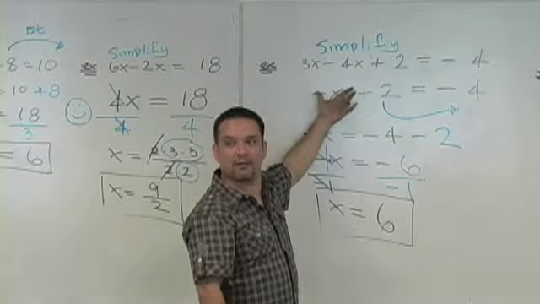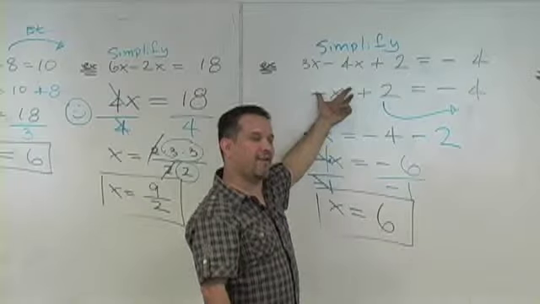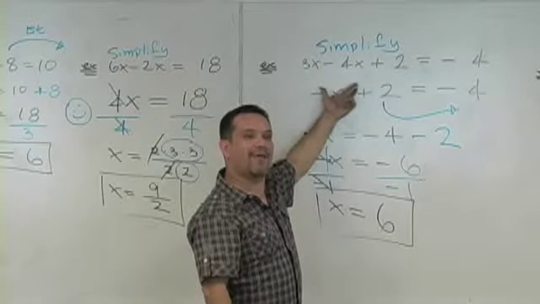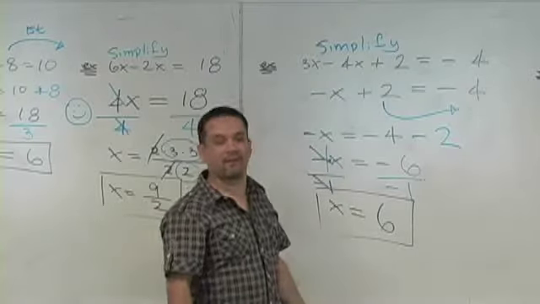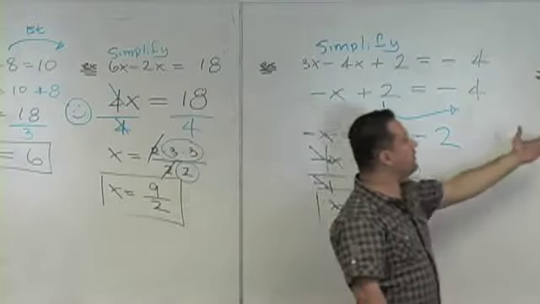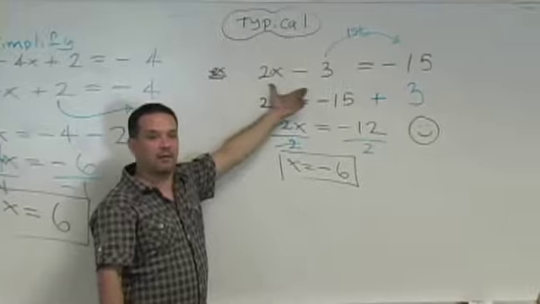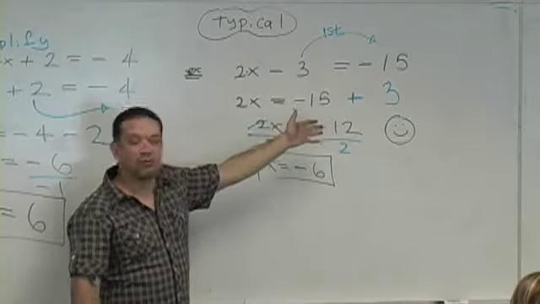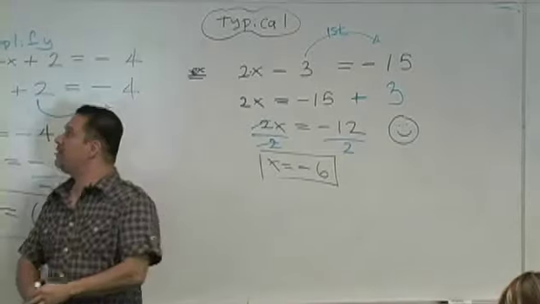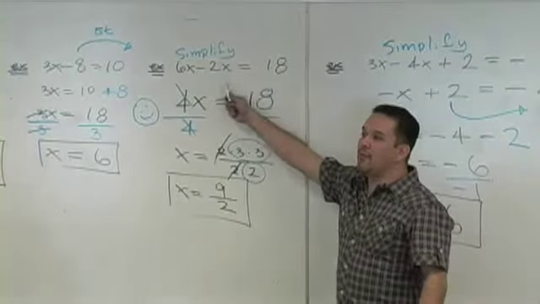Look at what you have. Simplify it if you can. These others, you couldn't simplify. These terms are not like. 2x minus 3, it's done. All the other examples, you could not simplify. This is the first time you were able to simplify.